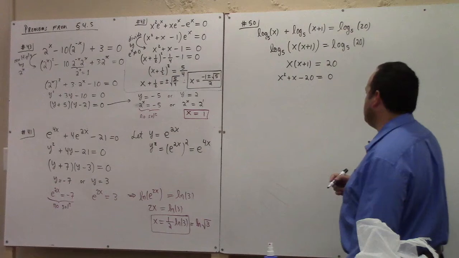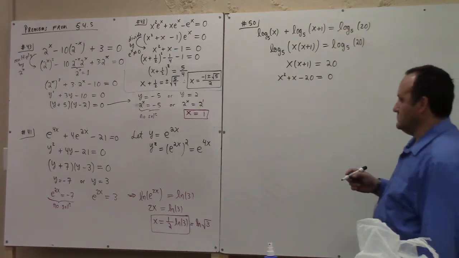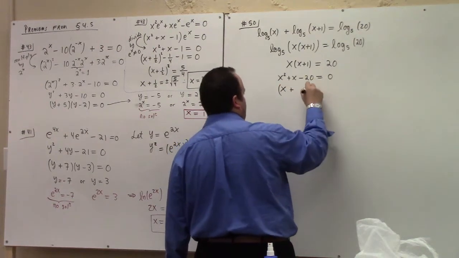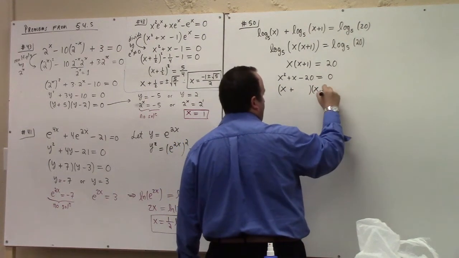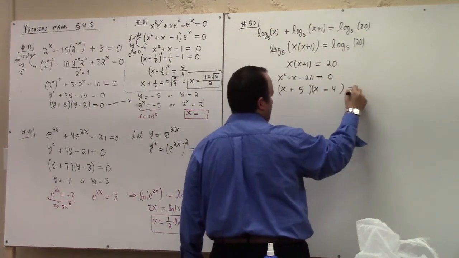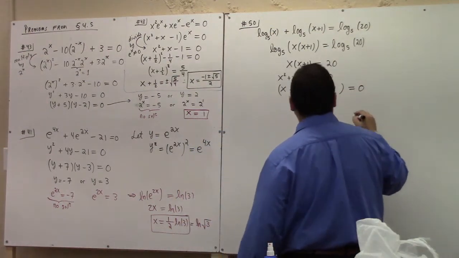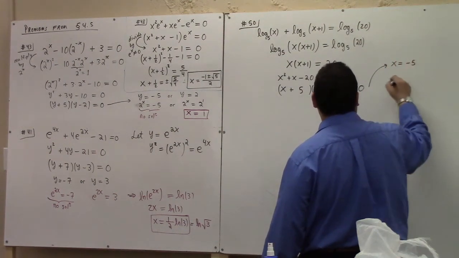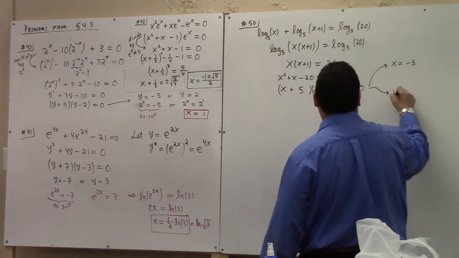Can you factor that? X plus what times x minus what? Plus 5 minus 4 equal to 0. All right. So this tells me that x is equal to minus 5 or x is equal to 4, right?